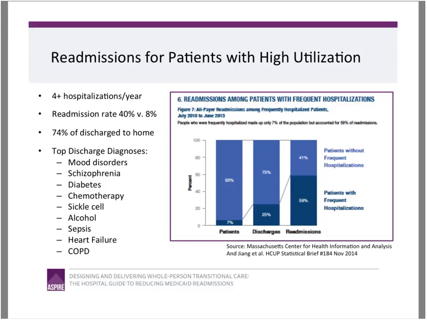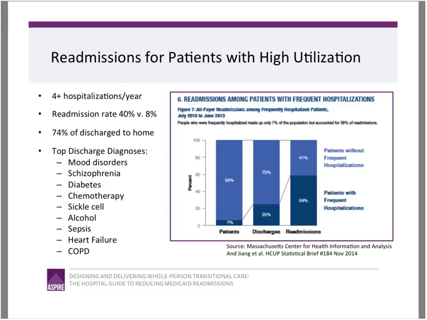And that the top discharge diagnoses leading to the most readmissions for high utilizers are a balance of behavioral health, chronic, and infectious disease diagnoses, such that there's of course not one clear diagnosis that's leading, although you can very clearly see that behavioral health is a major component for this population, and that's substantiated by numerous other research findings in the literature.